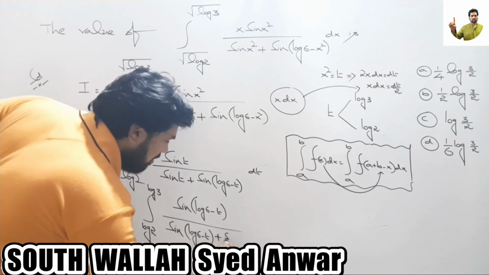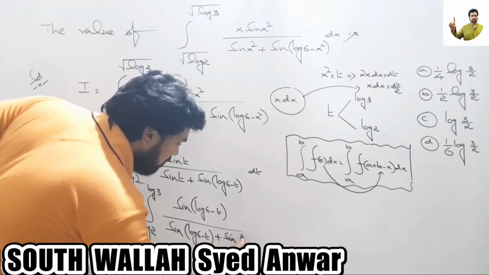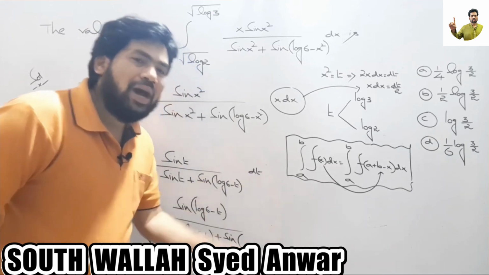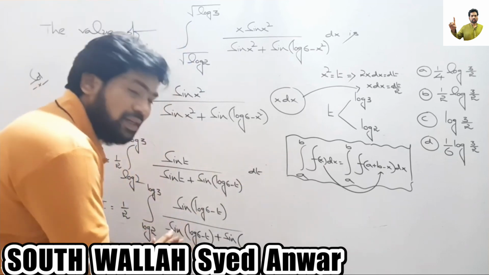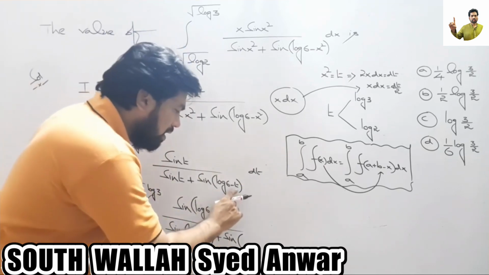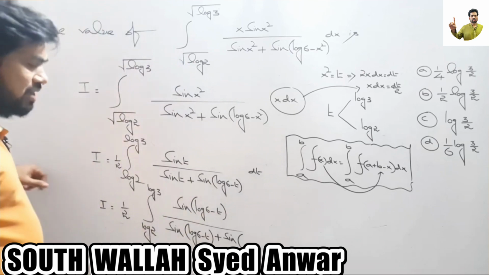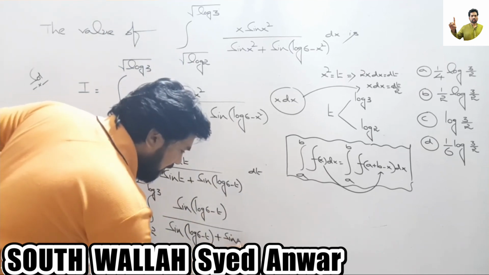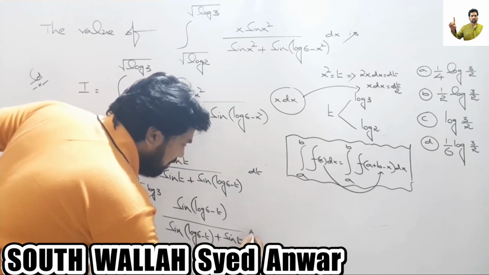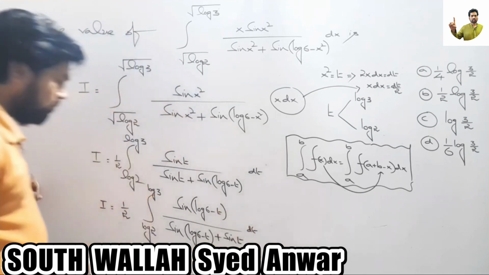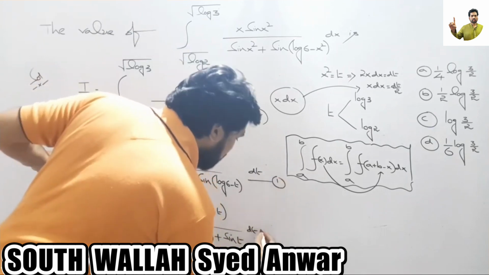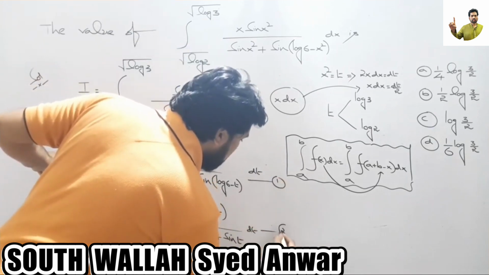Okay, then log 6 gets cancelled. Finally, only t is left here, multiplied by dt. If the first is equation number 1, this is going to be equation number 2.